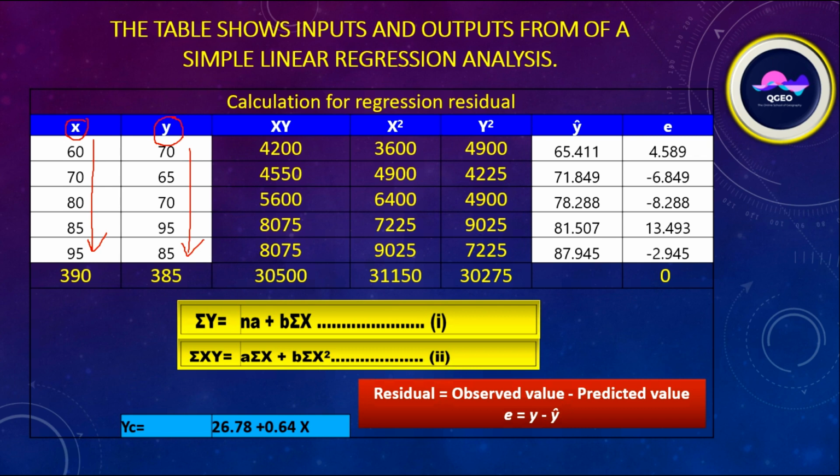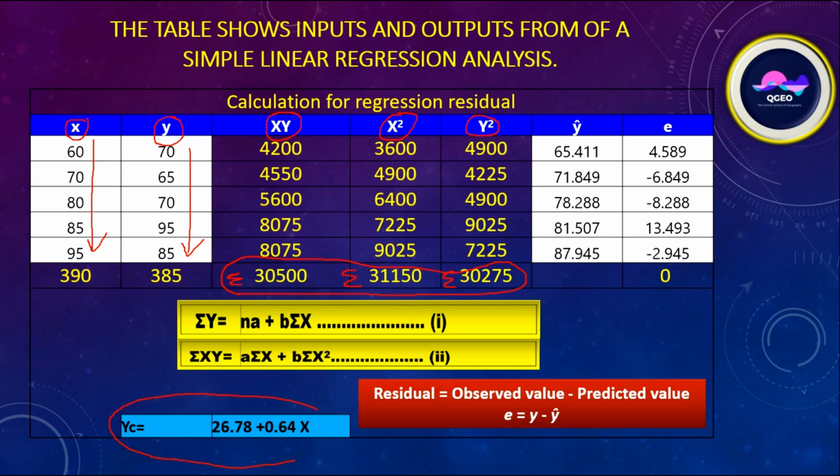Here X into Y, that is the xy value, here the X square, and here the Y square. This is the total: the summation of xy, the summation of x square, and the summation of y square. By using these values, we can calculate y is equal to a plus bx.